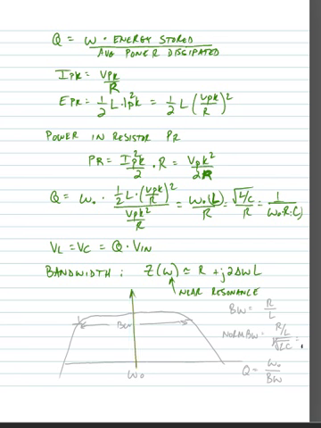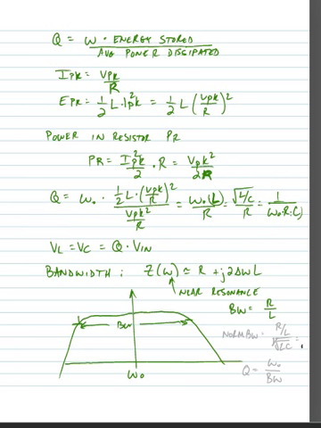And we would also see a bandpass response centered around omega naught, our resonant frequency. If we measure the 3 dB bandwidth of the circuit, we would find that the bandwidth was equal to R over L.